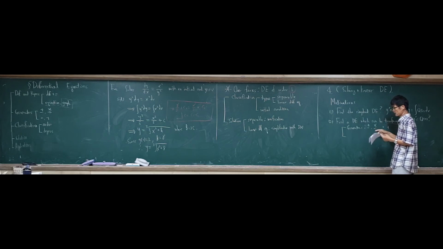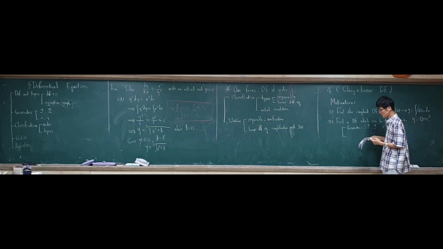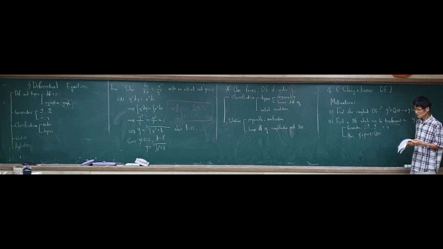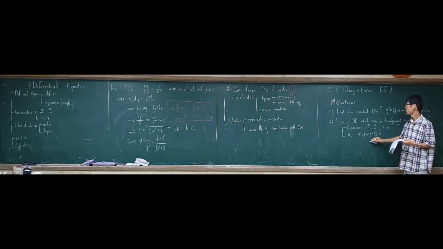And considering these operations, we have an answer: y prime plus p(x) y is q(x). So why can this be transformed in this form? For this, we will consider the following.